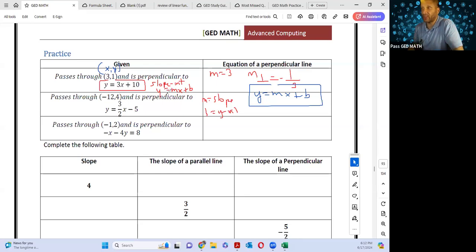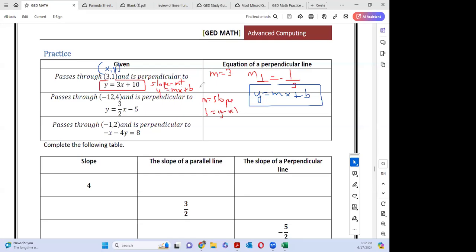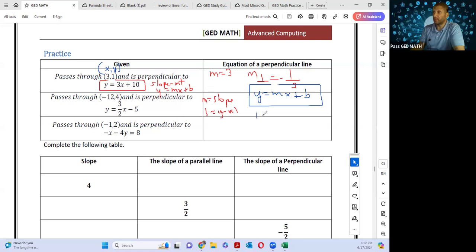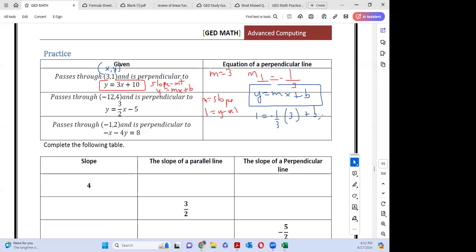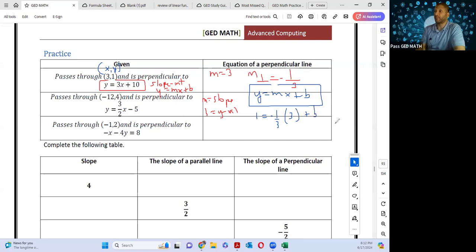It gives us an x and a y. We're going to take that x and y and plug them in. So y is 1, my slope is negative 1/3, my x is 3, plus b. You understand that? So all we did was plug in x and y from the point and the slope that we got from the equation.